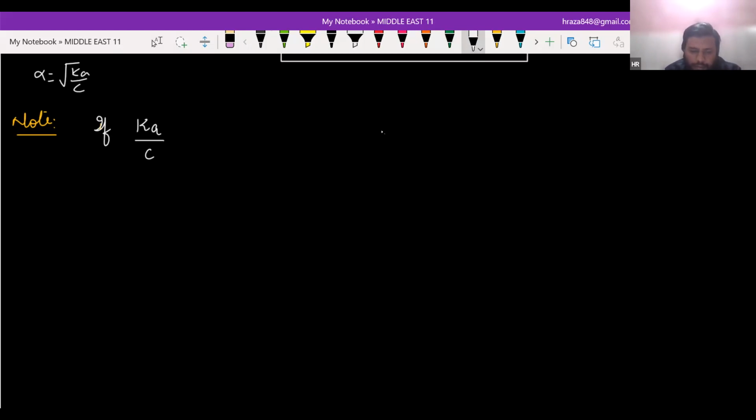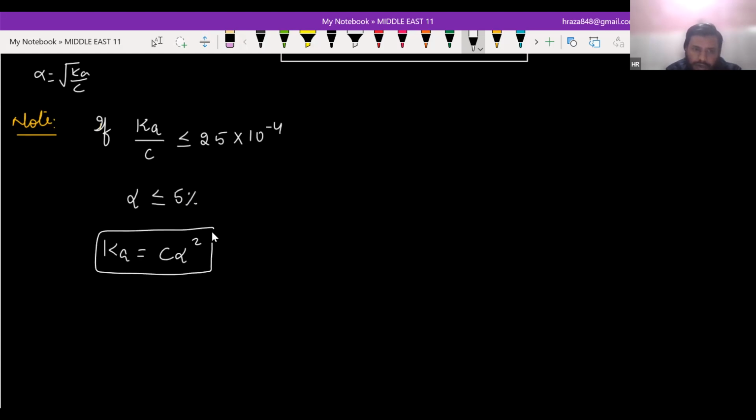If Ka upon C is less than or equal to 25 into 10 raised to the power minus 4, alpha will be less than or equal to 5%, and here Ka is equal to C alpha square. That means here we just neglected alpha.